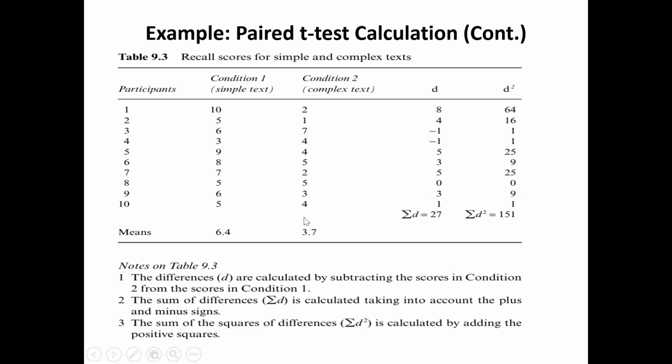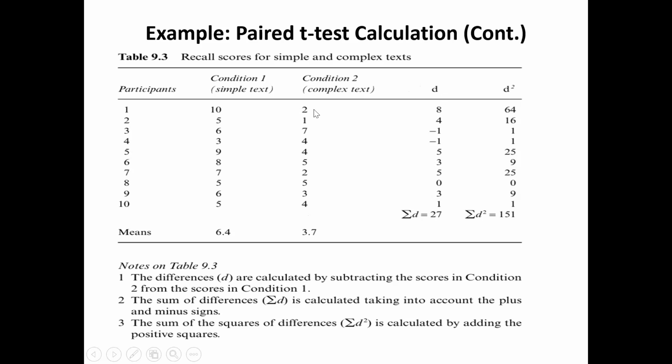Now, for us to do the paired sample t-test, we have to calculate just like we did in the Pearson correlation. If you have not watched that video, you can take a look at it. You have to calculate the difference and then square the difference.